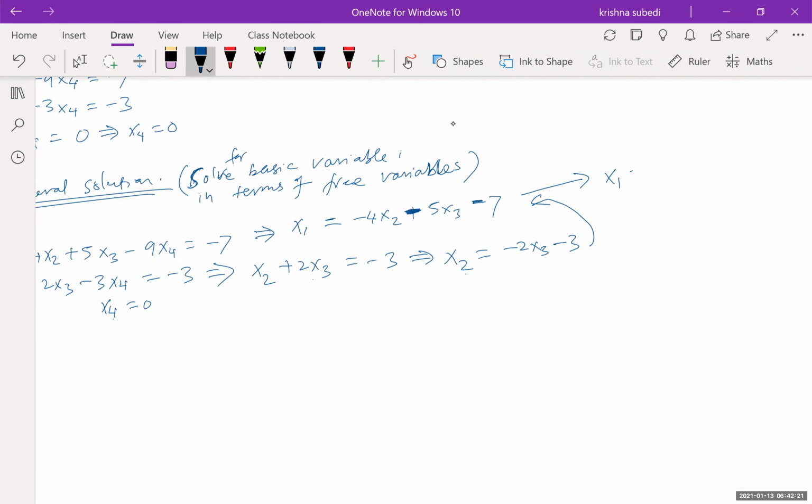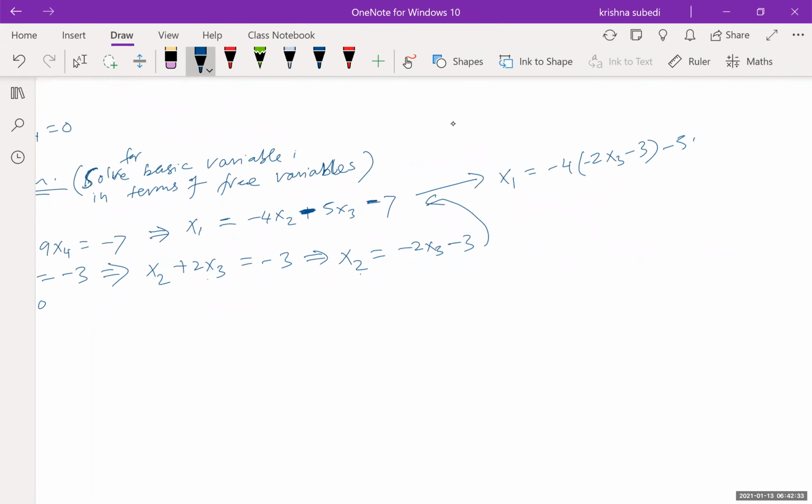So this gives me minus 4x2, where x2 is minus 2x3 minus 3, minus 5x3 minus 7. That's going to give me 8x3 plus 12 minus 5x3 minus 7, which gives me 3x3 plus 5. Is that right?